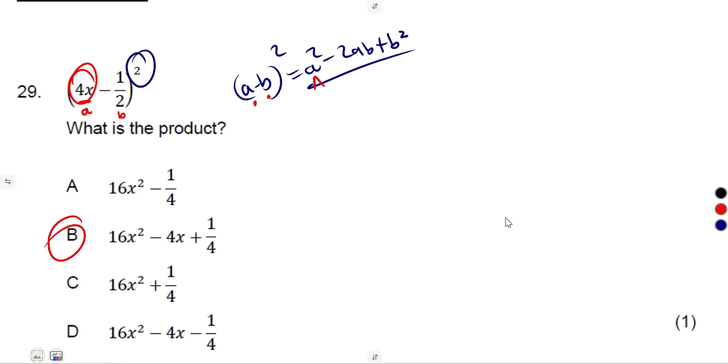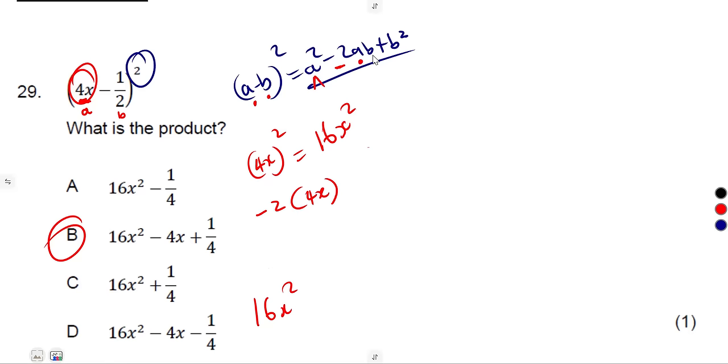What is a squared? The whole term, 4x squared. So it's 4 squared, which is 16x squared, everything to the exponent of 2. So that's 16x squared. Minus 2ab, that's minus 2 times our a, which is 4x, and our b, which is what? 1 over 2.